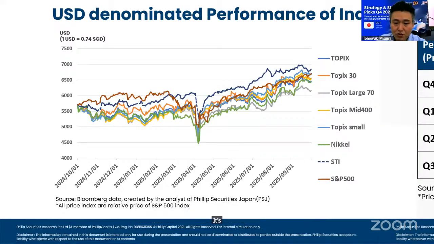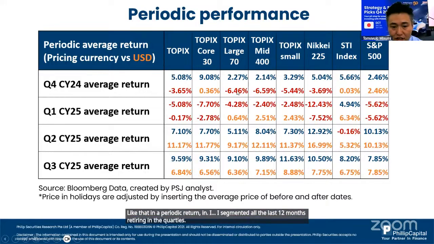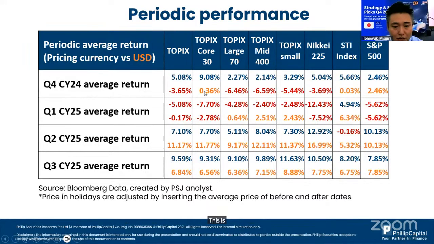It shows you more detailed statistics in the periodic return. I segmented all the returns, or last 12 month return, in quarters. The upper column is the pricing currency, and the lower column is the USD denominated returns.